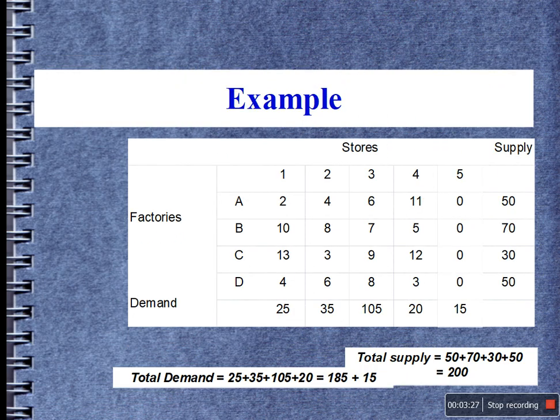So we are adding 15 to the demand value, so that leads to the addition of a fifth column to the table, and the entries will be 0 to ensure that the final answer will not be affected by adding this extra column, right?